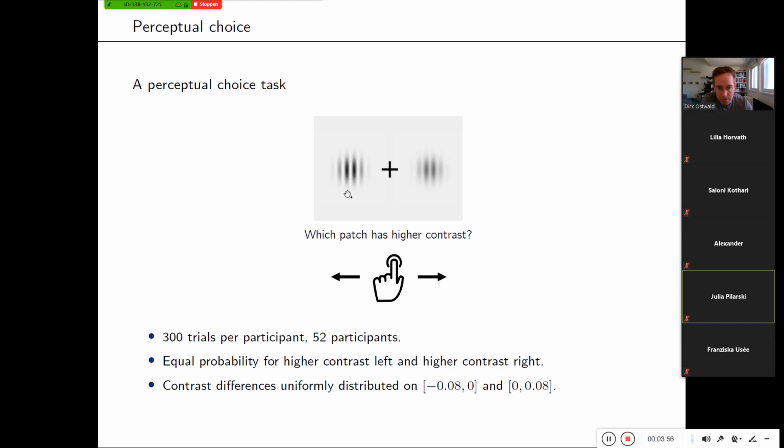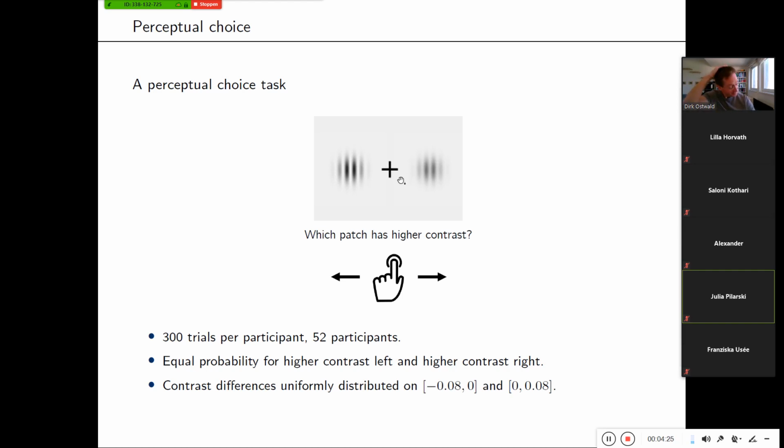Essentially, this is a sine function in 2D with a Gaussian window. And as you see, one of these patches is a little bit clearer, and the other one here on the right is a little less clear. And this is framed in terms of contrast. So this is high contrast, this is low contrast.